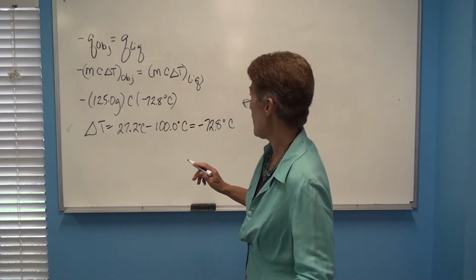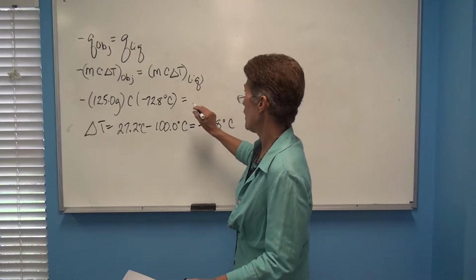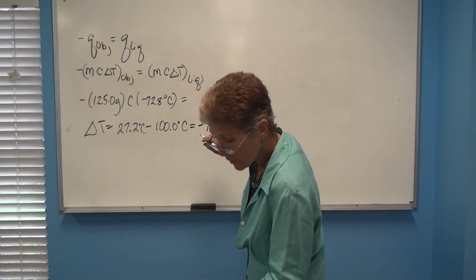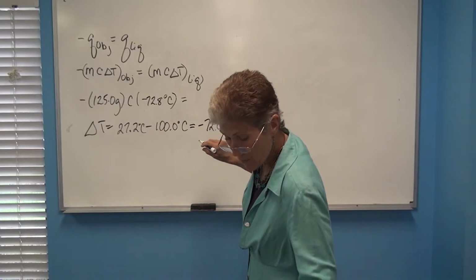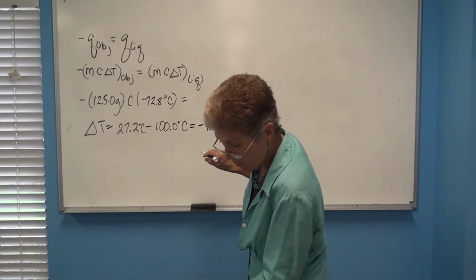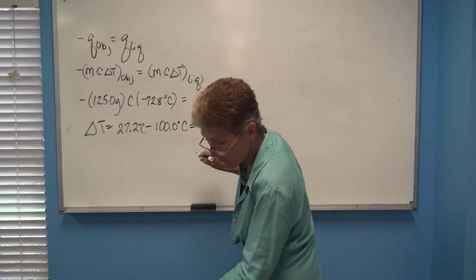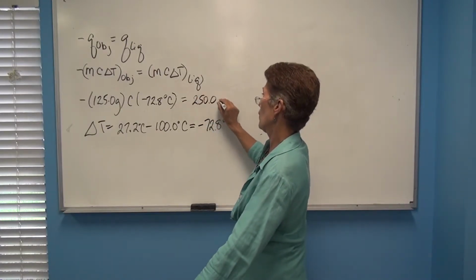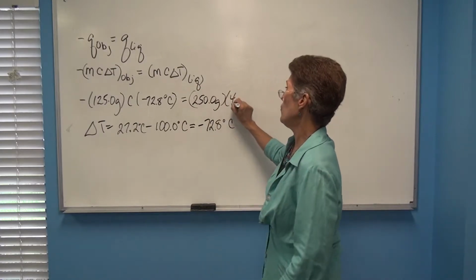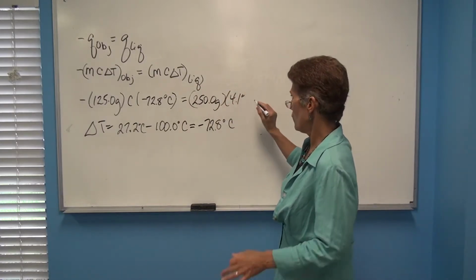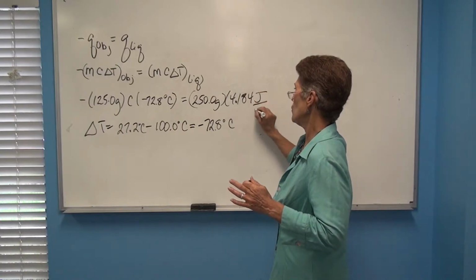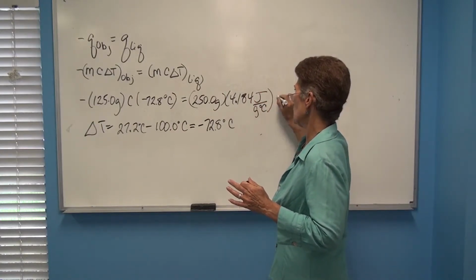All right, now equals, and then we are given 250 grams of water. You memorized 4.184 joules per gram degree Celsius.